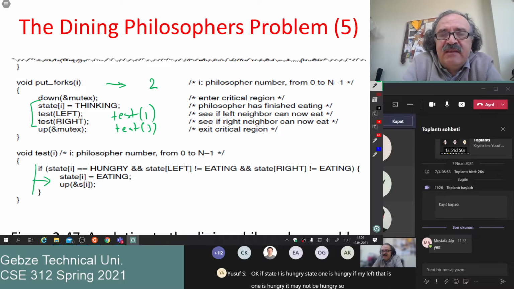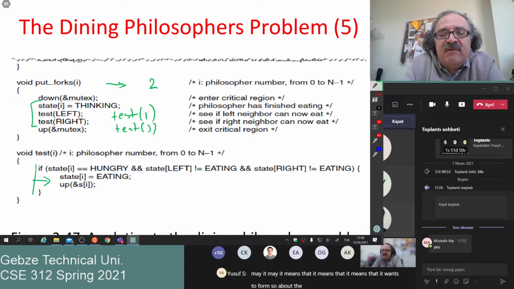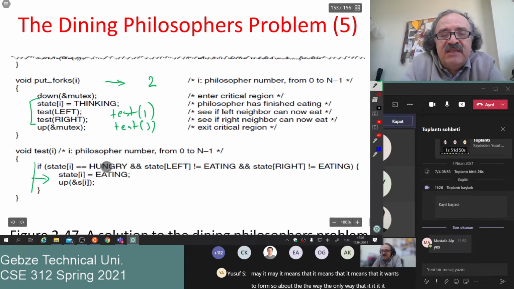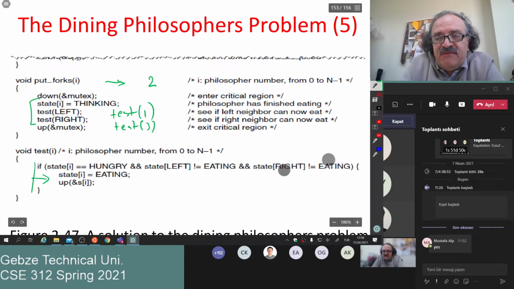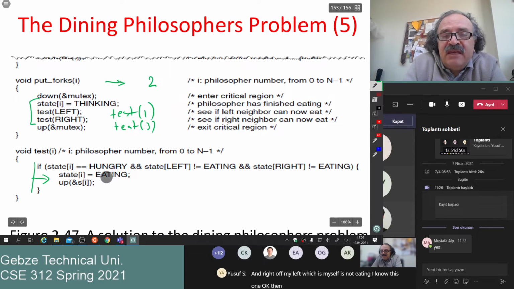If it is hungry, that means that it cannot be eating because I had the forks. So it wants the forks. But the only way that it can have the forks is if state is hungry and left of my left is not eating and right of my left, which is myself, is not eating. I know this one. Then my left can start eating.